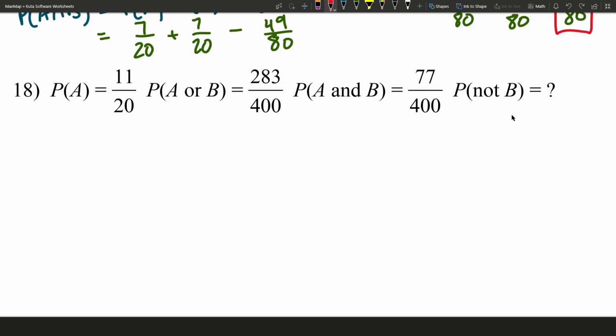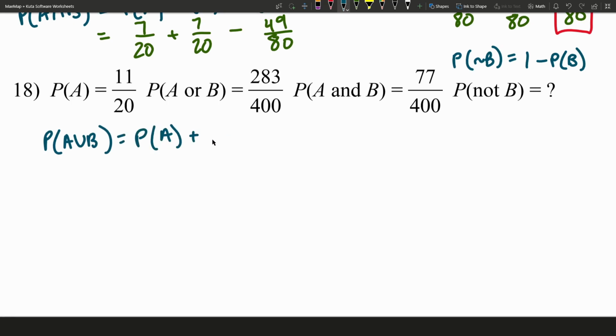And in order to solve for that, we need to solve for the probability of B. Because remember, the probability of not B is equal to 1 minus the probability of B. So let's solve for that probability of B first in order to solve for the probability of not B. And just to reiterate, we know these events aren't mutually exclusive because there is indeed an intersection. But continuing on, the probability of A union B equals the probability of A plus the probability of B minus that intersection A and B.